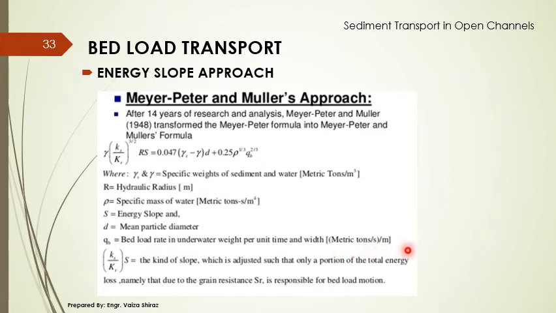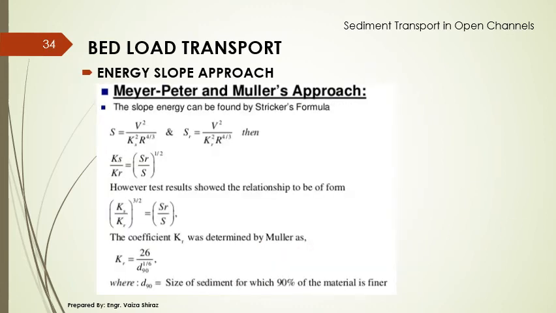All of these factors are mentioned over here. The slope in the equation can be found from Strickler's formula. So this is the equation to find the slope, and these are the ways to find the other coefficients in the formula.